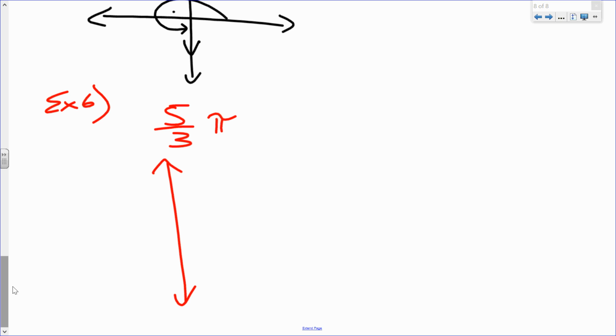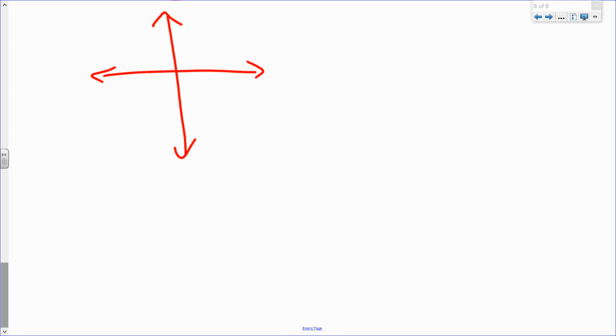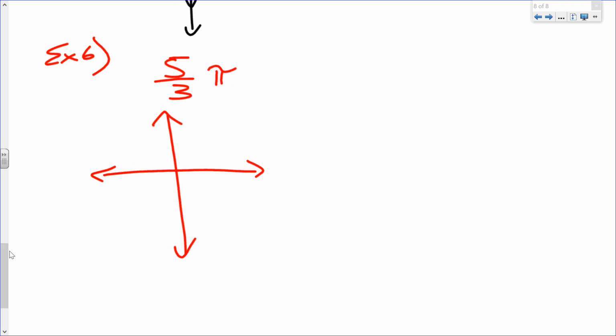Around the nearest tenth, it's about 1.7 pi's. How many degrees? About 300? Yeah, that sounds right. So it'll be in the fourth quadrant of revolution.